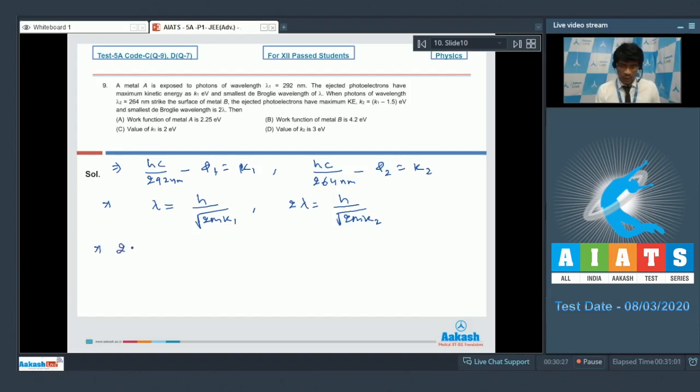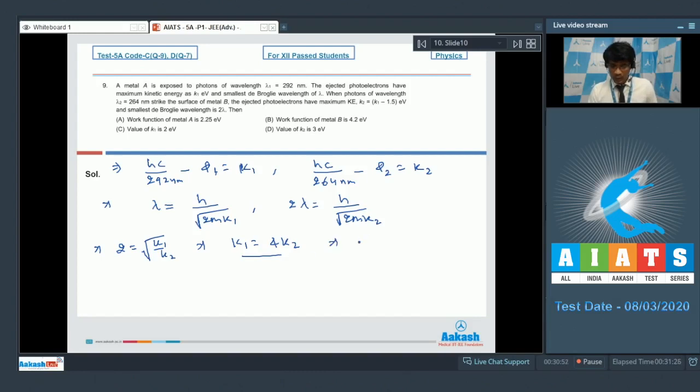We'll be getting 2 equal to square root of k1 divided by k2, or k1 is equal to 4k2. But one more condition was given, that k2 is equal to k1 minus 1.5 electron volt.